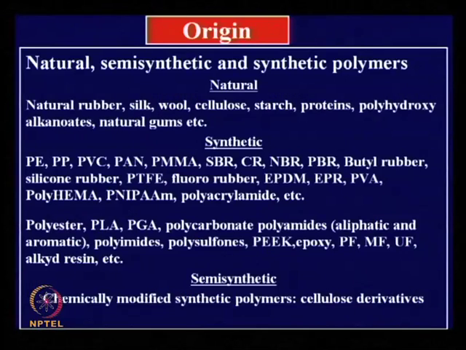Lignin is the binder and cellulose fiber is the reinforcing member over there. So, we will find there are cellulose, starch also is a polymer, and in animal origin we find proteins, different types of proteins, they are also polymers.